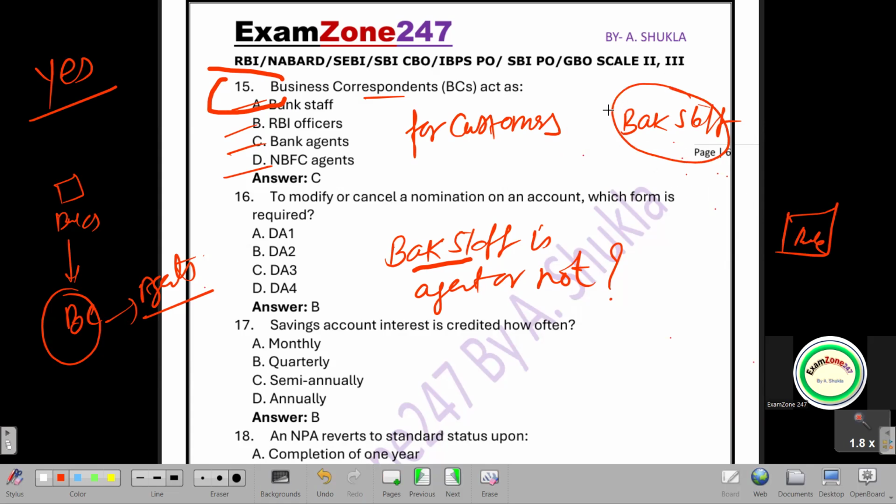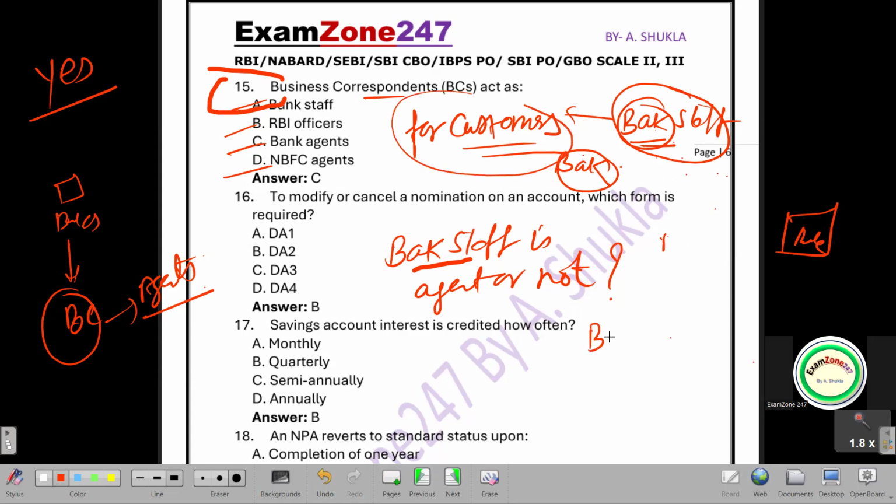All these staff are acting on behalf of the bank for the servicing. Suppose this staff is issuing this for the customer.